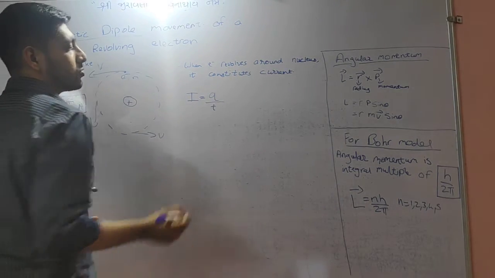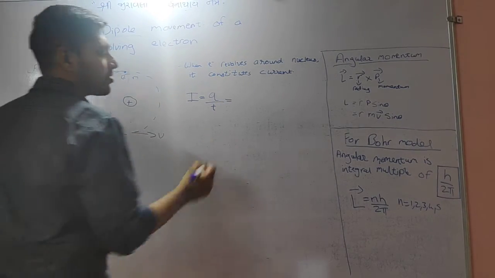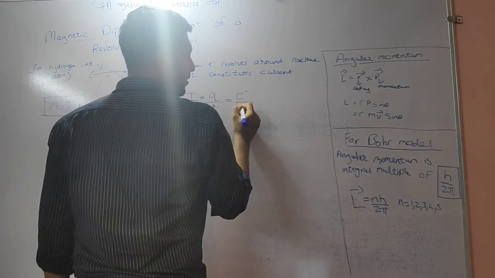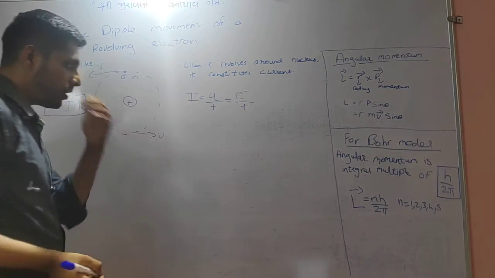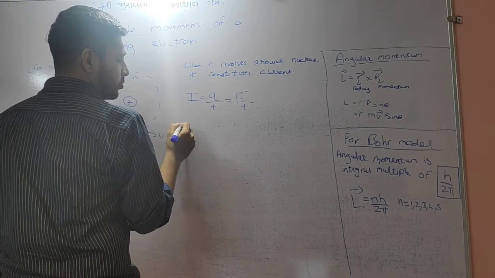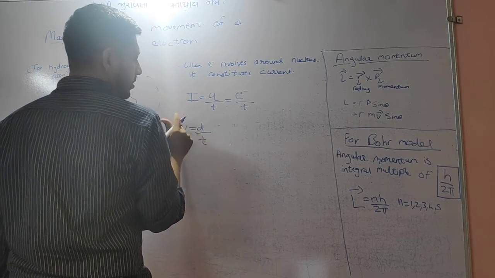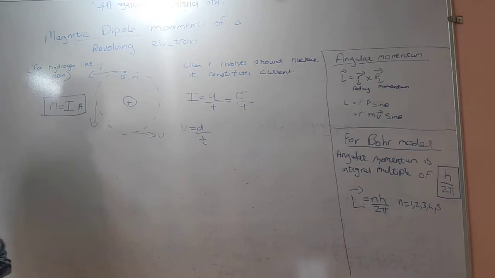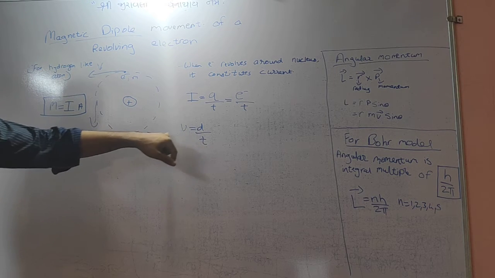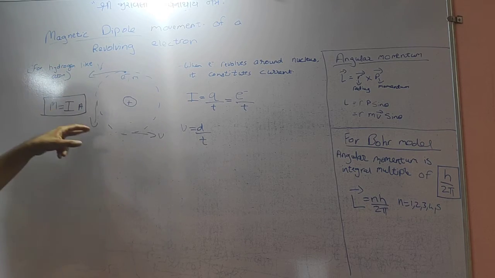What is Q over here? Q is nothing but the electron charge, so I can write E instead of Q, and here let me write time only. Right now, what is the time? We know this formula: speed is equal to distance upon time. The velocity is V, and the distance is the whole circle.